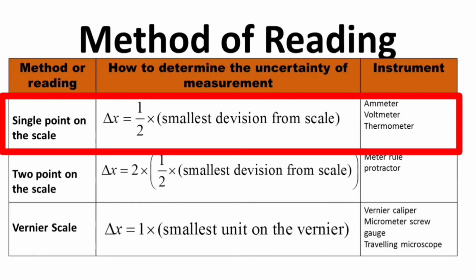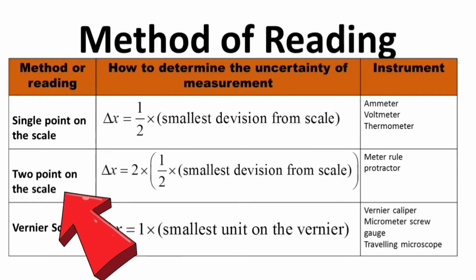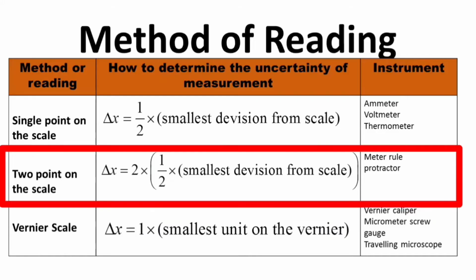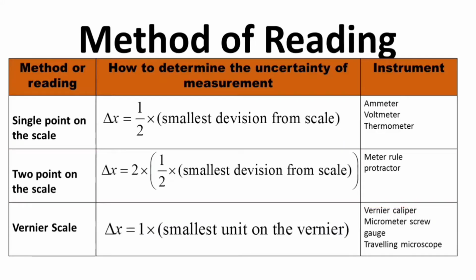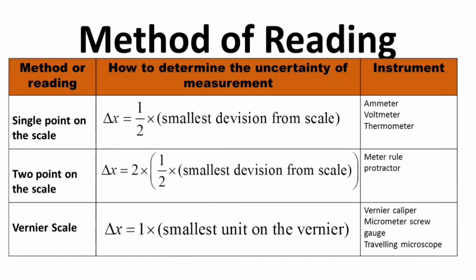Examples of the instrument are ammeter, voltmeter, and thermometer. For a 2-point reading, the uncertainty is taken to be 2 times half of the smallest division, which is going to be equal to the smallest division from scale. Examples of instrument are meter ruler and protractor.